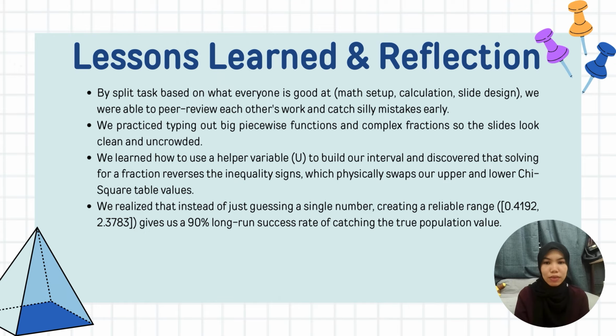Third, we learned how to use a helper variable to build our interval and discovered that solving for a fraction reverses the inequality sign, which physically swaps our upper and lower chi-square table values. Lastly, we realized that instead of just guessing a single number, creating a reliable range gives us a 90% long run success rate of catching the true population value.